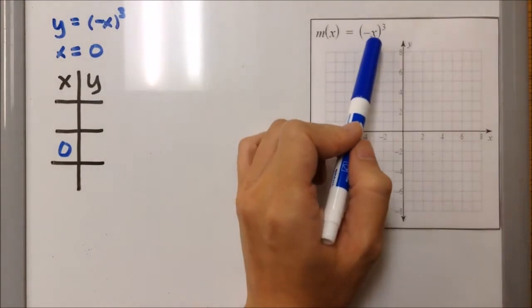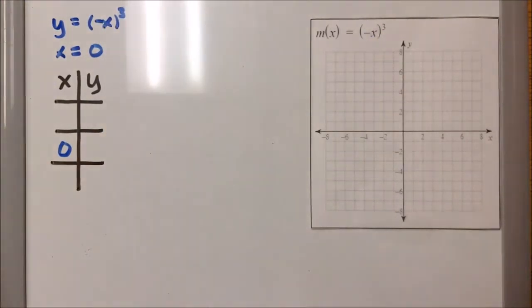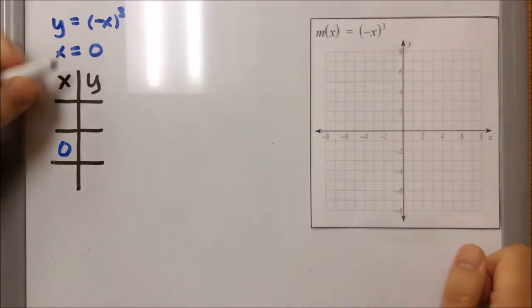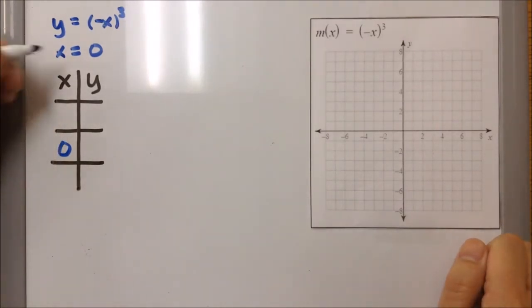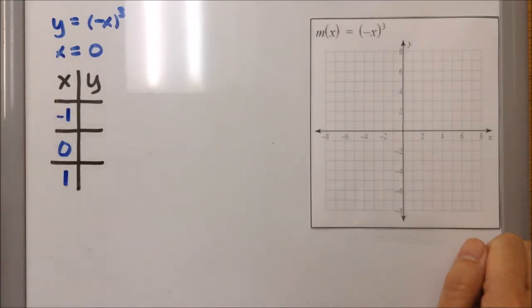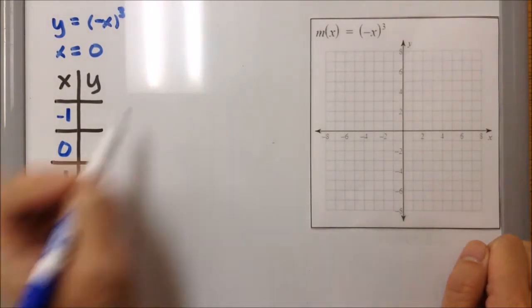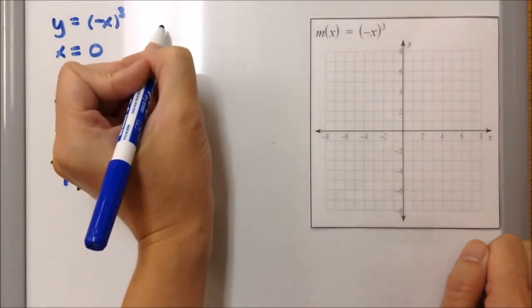Just like before, since this case negative x is by itself, meaning no numbers within, we can say that x can equal 0. So 0 is in the middle of the vertex, so 1 less and 1 more. Now we are going to do the same process, plug it in.